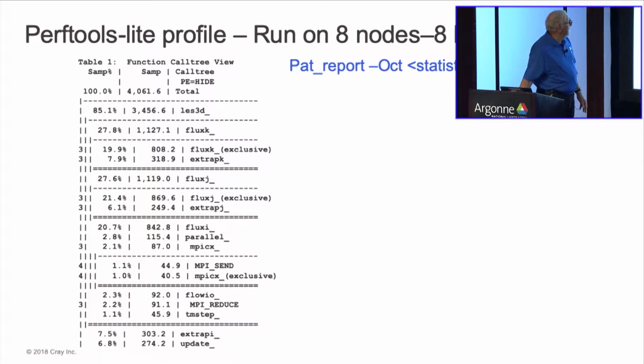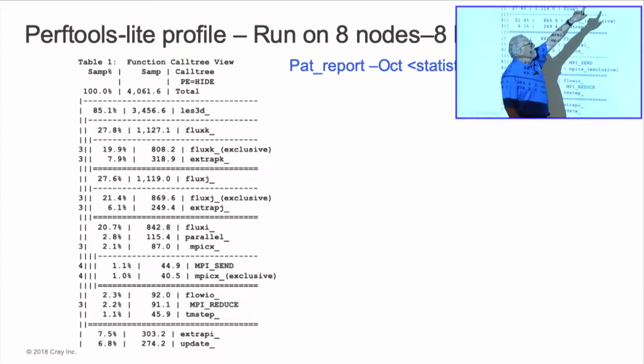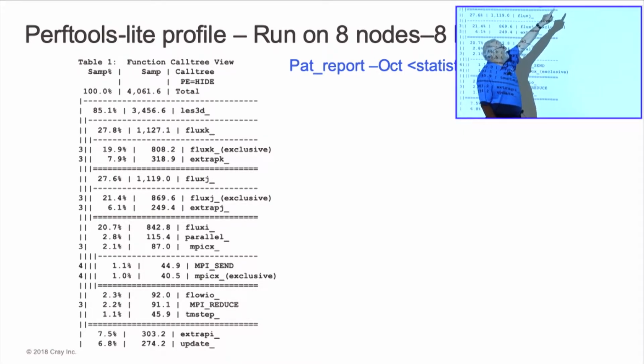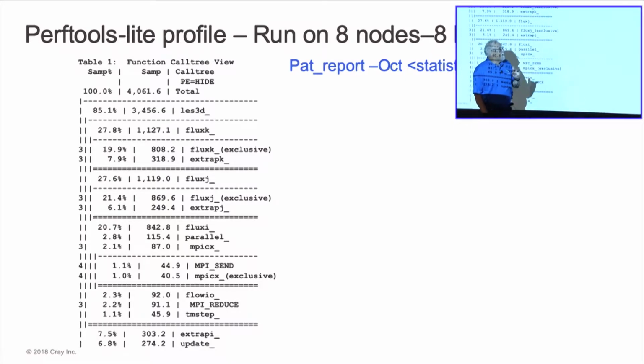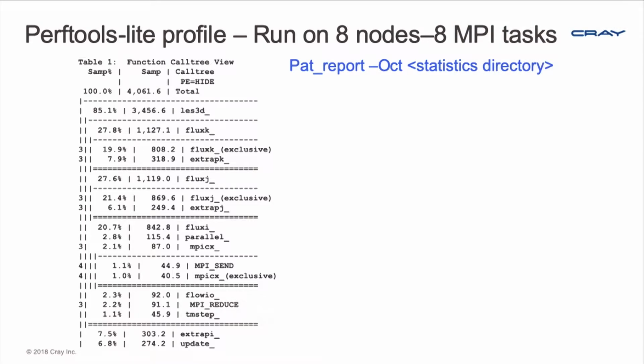So it's really good stuff. All right, now, if you do a pat_report with -O ct on the statistics directory that Perftools-lite produced, you get a call tree.